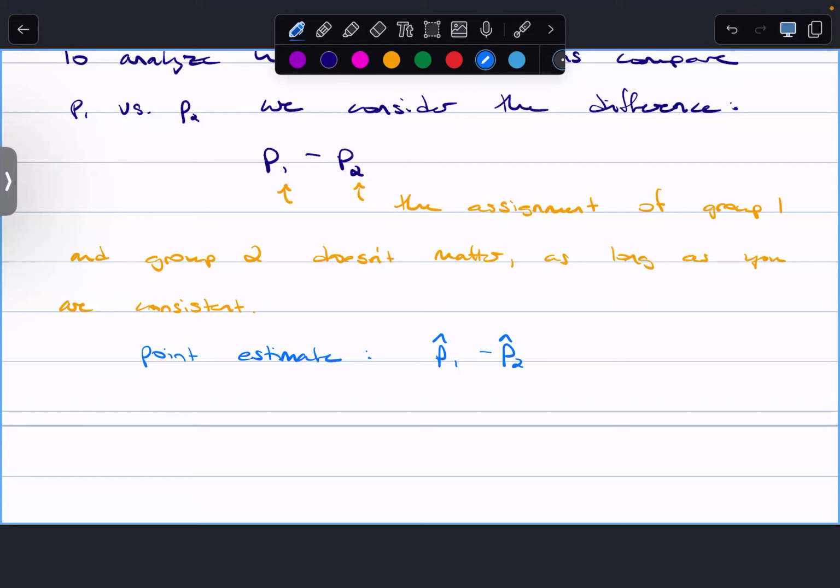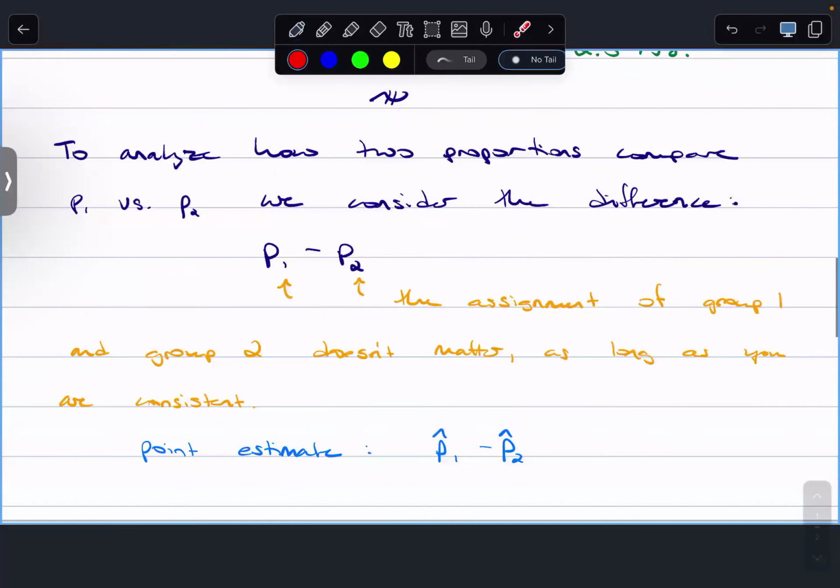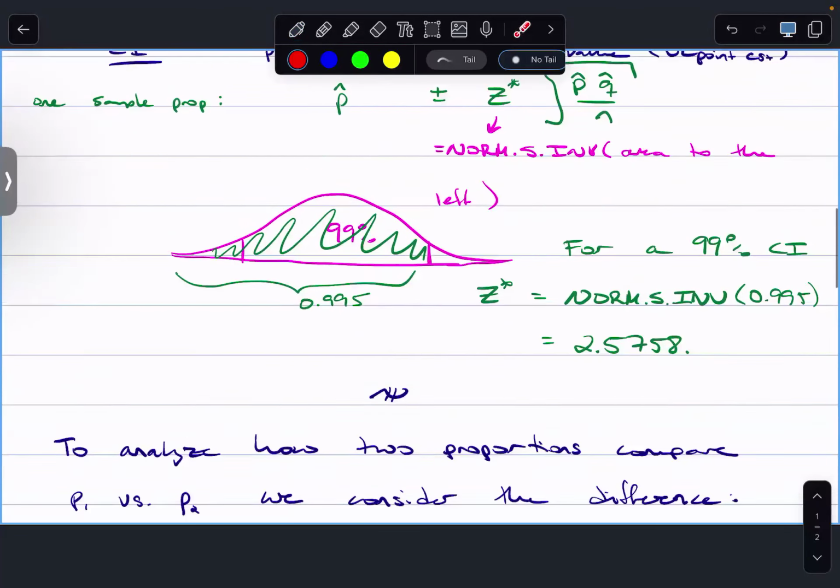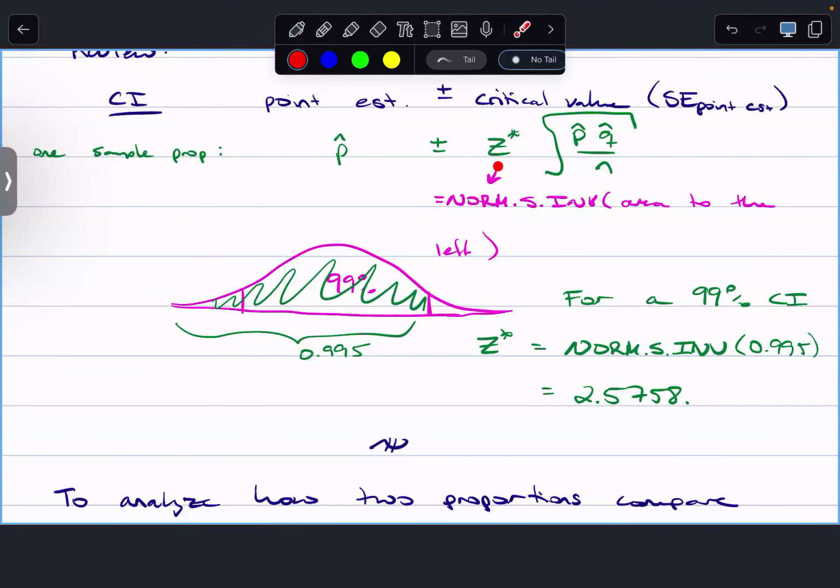Now, just as a fact, the distance between these two proportions is also going to follow a Z distribution, so a normal distribution. And so the critical value is going to still be Z star, right? It's going to be 2 for a 95% confidence interval.